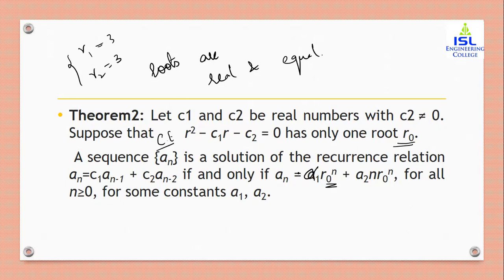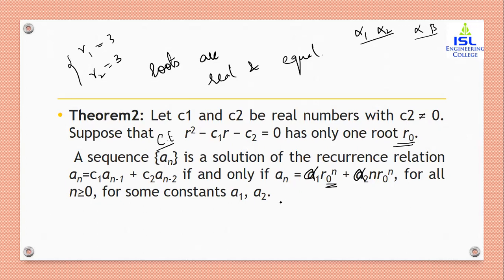So An is equal to alpha 1 r naught power n plus alpha 2. And also, I've already mentioned in the previous class that mostly alpha 1 and alpha 2 are used as the constants, and so that students do not get confused, I prefer using alpha beta over here. Now I am continuing with alpha 1 and alpha 2.